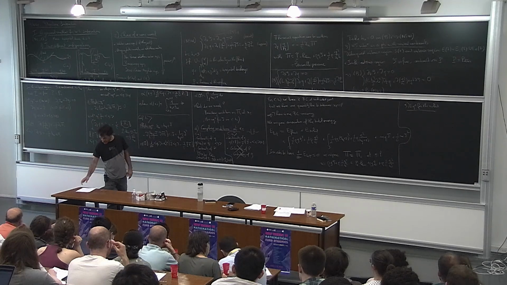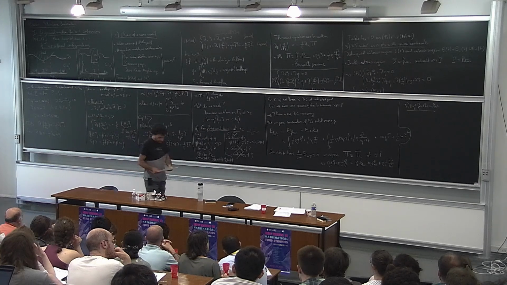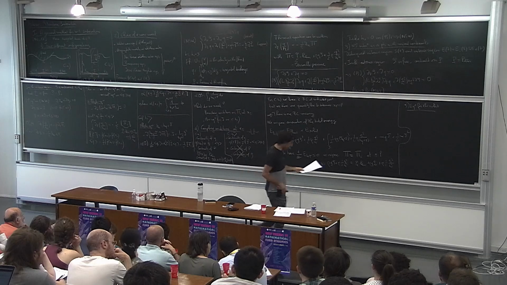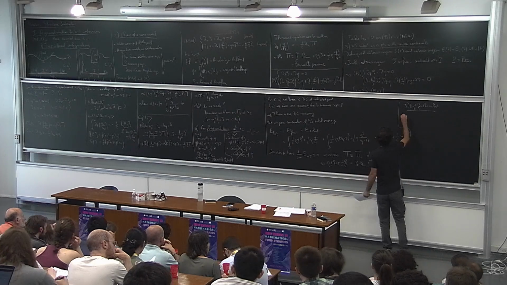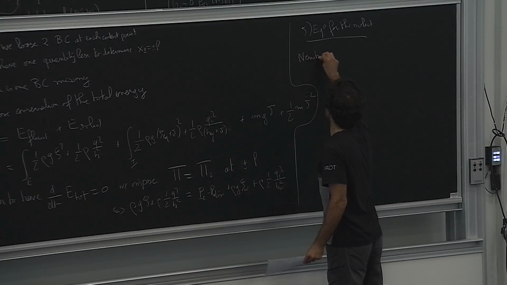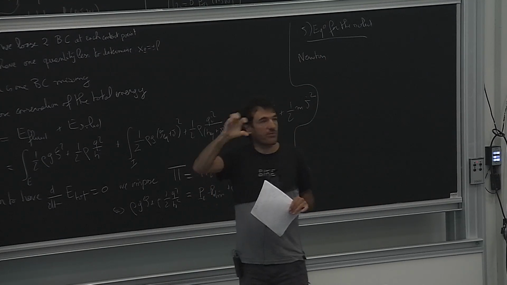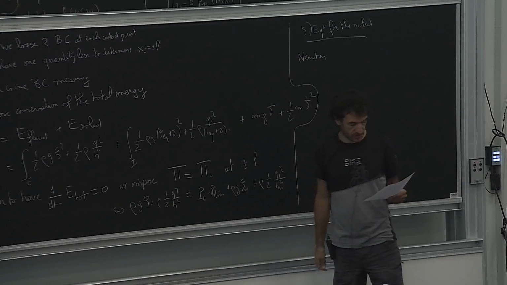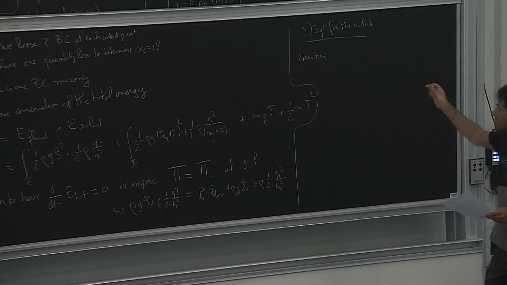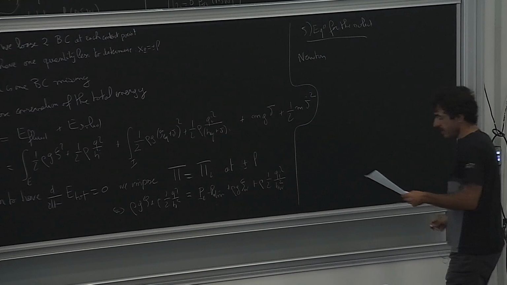And of course, this comes from Newton's equation. So in the general case, you have a system of 6 equations: 3 translations and 3 rotations. In this case, I just take 1 degree of freedom.